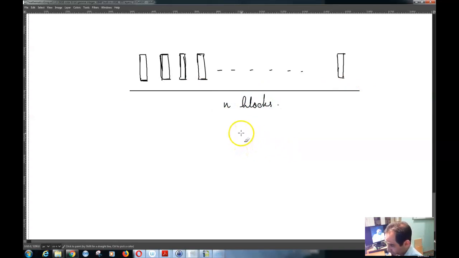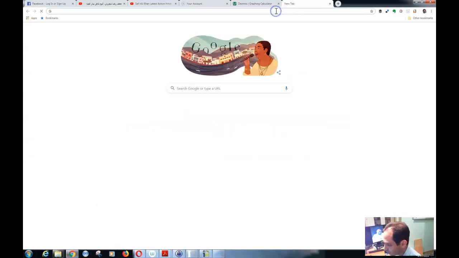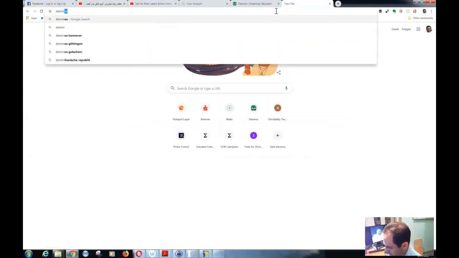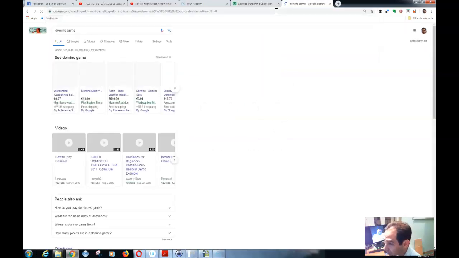Now what we want to do with these blocks, there is a game called, I suppose it's called domino or something like that. Let me see. Domino game, I suppose. I don't know what that's even called.